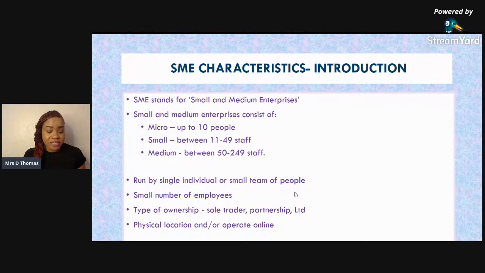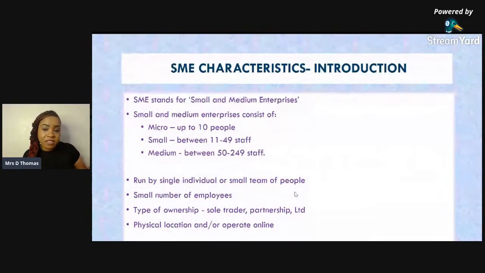SME characteristics. What does SME mean? If you don't know what SME means, I will let you know now. SME means small and medium-sized enterprises.